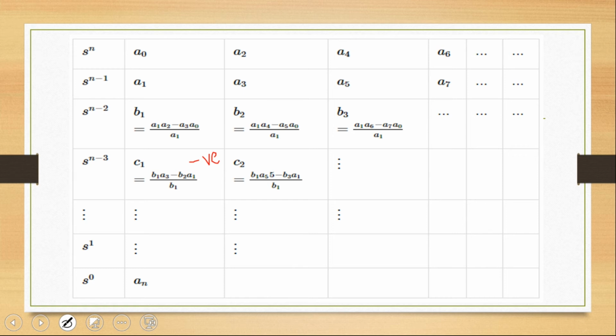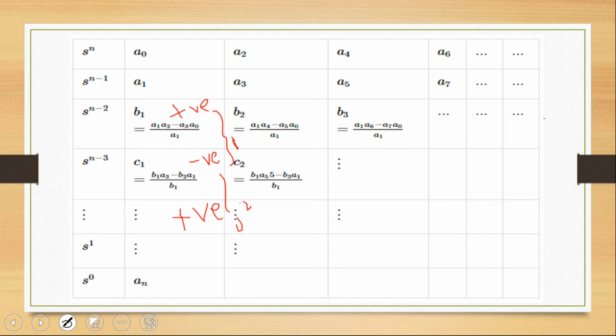Now how many roots are present in the right half of the S-plane? It is indicated by the sign changes. Suppose here the sign is positive, here it is negative, here again it is positive. From here to here there is one sign change. From this to this there is a second sign change.